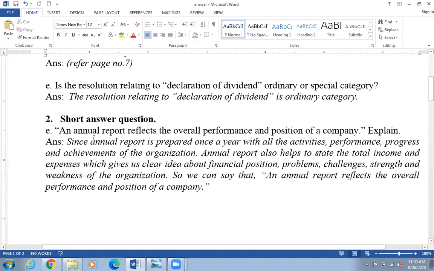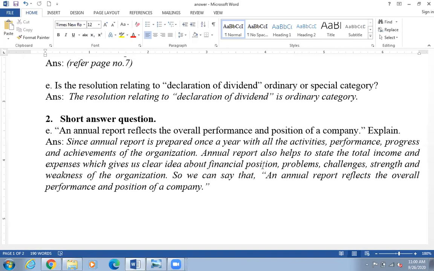So annual report also helps to state the total income and the expenses, which give us a clear idea about the financial position also. That means एक वर्षमा what were our incomes, what were our expenditure. Okay, so if income was greater than expenditure, हामीले आम्दानी चाहिँ धेरै, expenditure, that means खर्च चाहिँ कम गरे भने, what is our status?